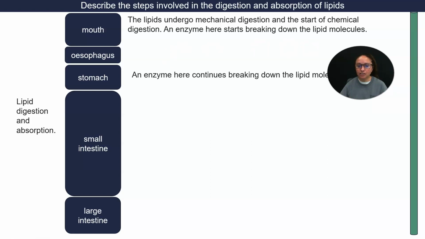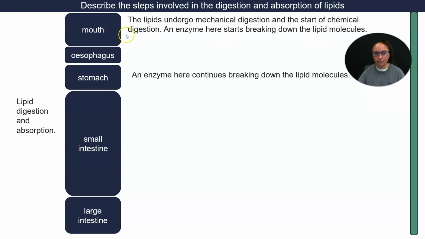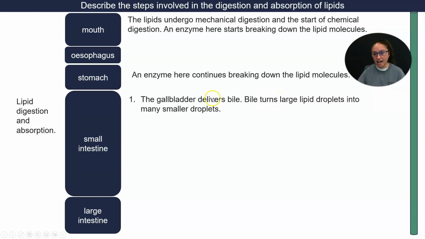There's not much going on in the esophagus. Again, all it does is transport the food from A to B. In the stomach, we have another enzyme that continues to work on these lipid molecules. And then we get to the small intestine.